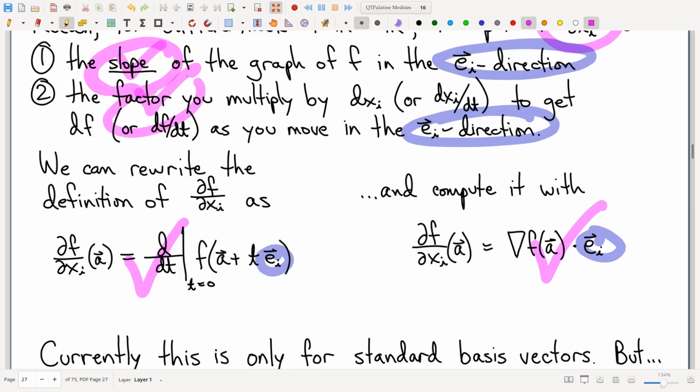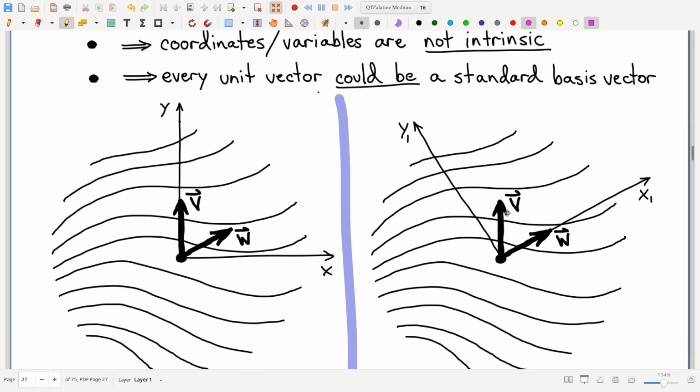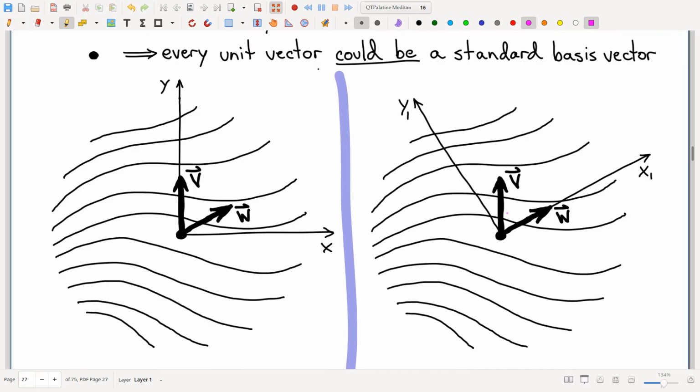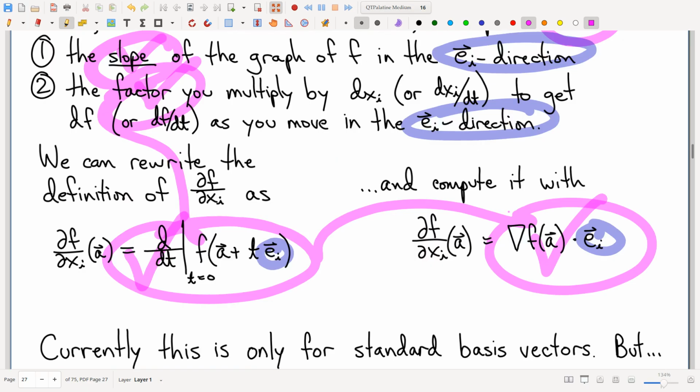This and this and this and this are always going to be equal for any vector which I can claim to be a standard basis vector, which is all unit vectors. Just set up your coordinate system appropriately. Any unit vector could be made to be a standard basis vector. So these will always be equal for any unit vector.